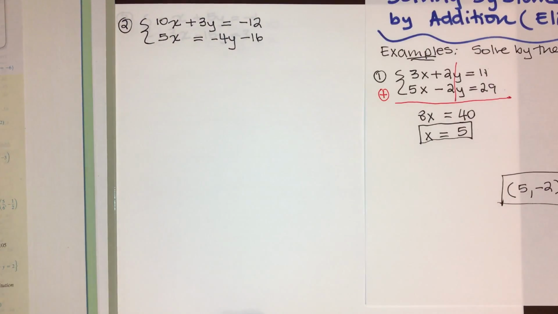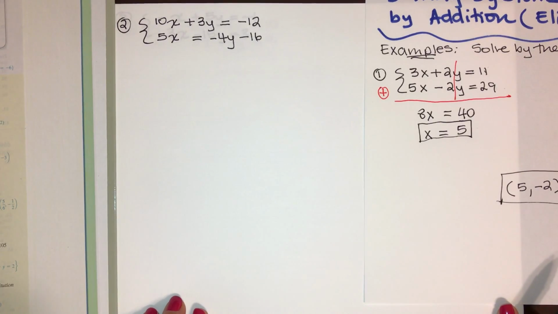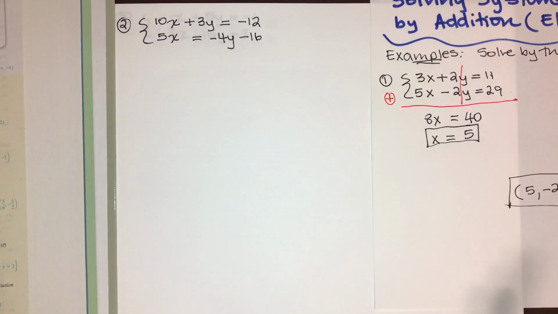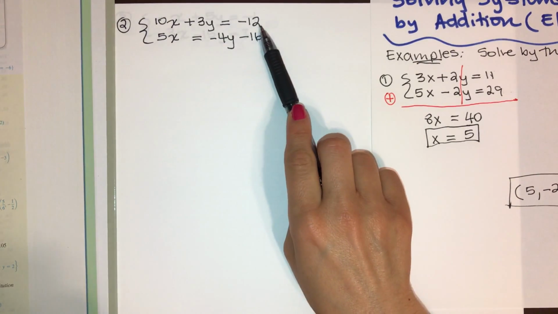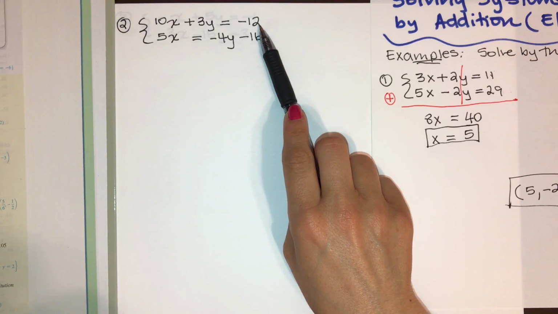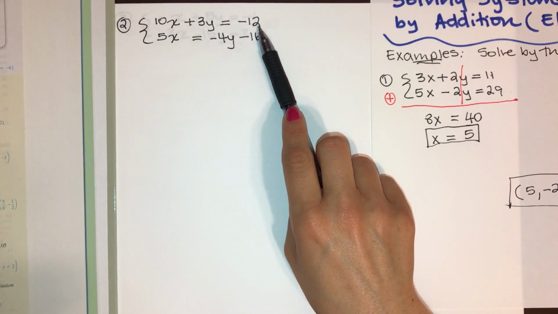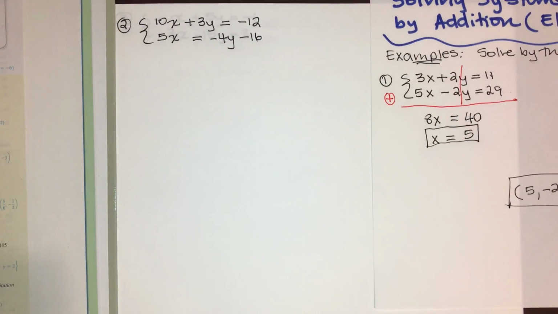So for the second example, notice that the second equation is not written in the same form as the first equation. Essentially, we want to have x and y on the same side of the equation and then the constant on the other side. You want to make sure that your like terms line up.